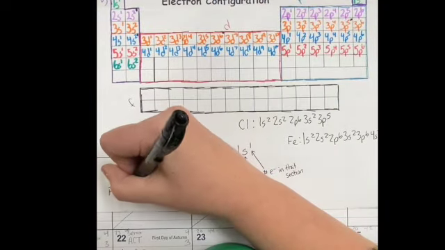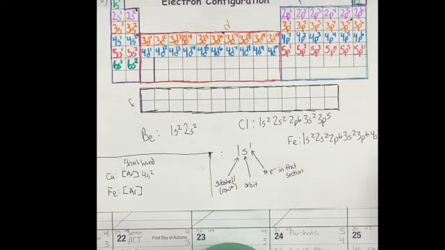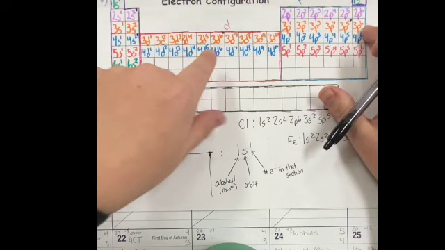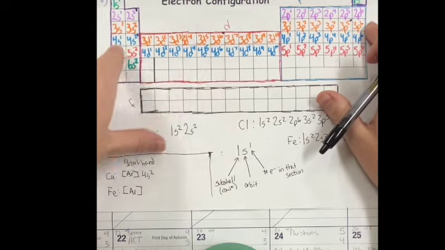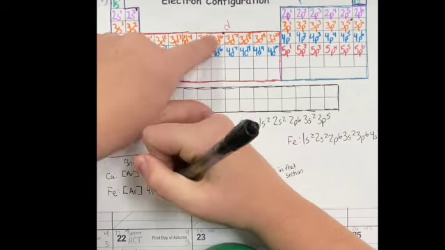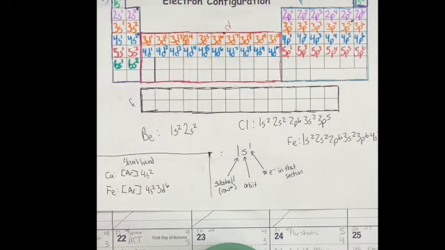So we'll put Ar in brackets. And it needs to be brackets, not parentheses. All right, so Ar's right here. We're trying to get to here. So we'll write 4s2, 3d6. And that's it. We stop at 3d6 because that's what we're looking for.